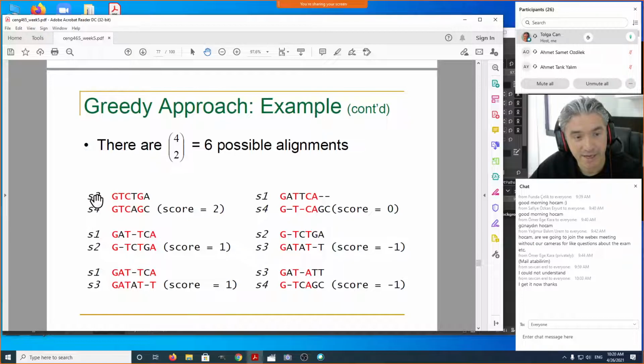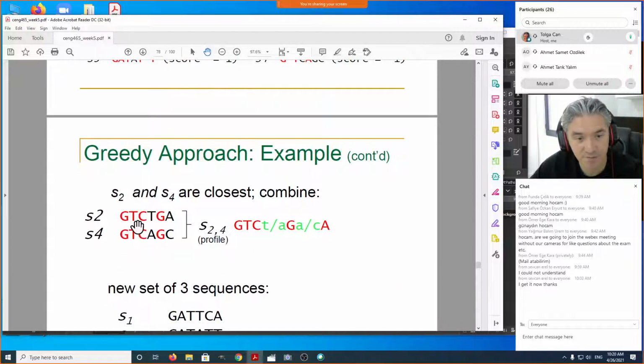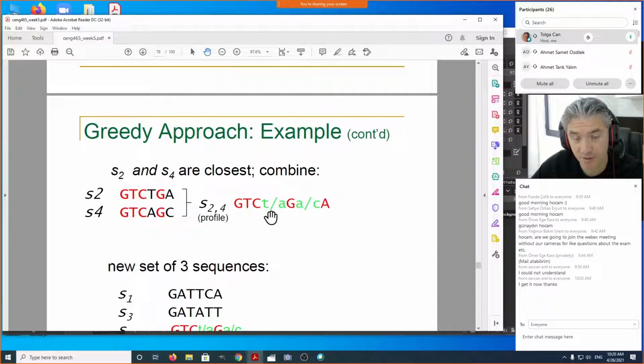Now, S2 and S4 are removed from our set, replaced by something like G, T, C, T, or 50% T, 50% A, G, 50% A, 50% C. So we are going to replace this with a profile, and this profile, as you can see, also shows an alignment by itself.